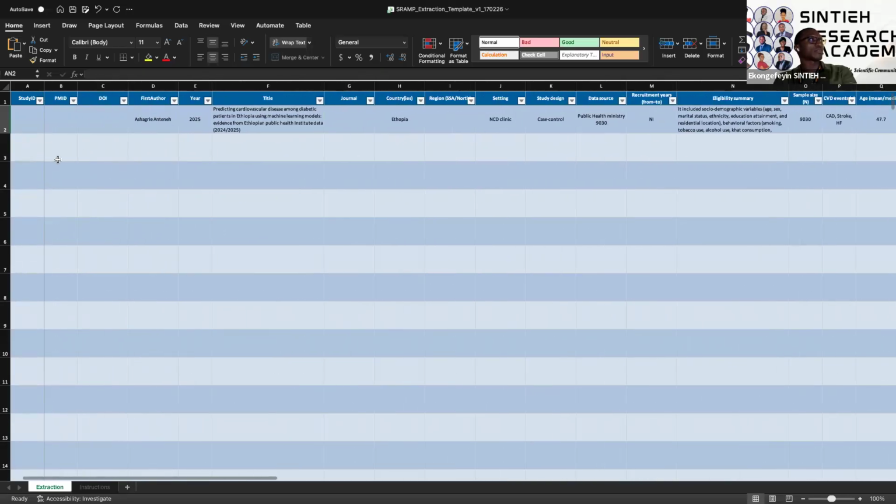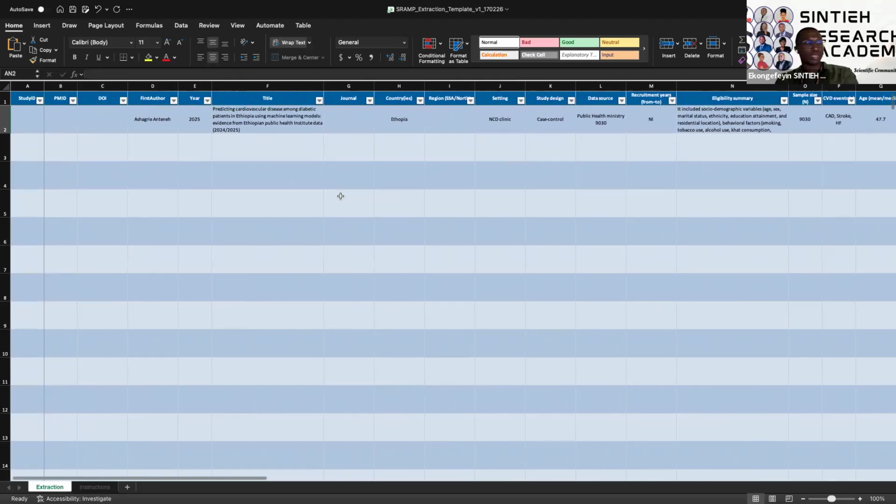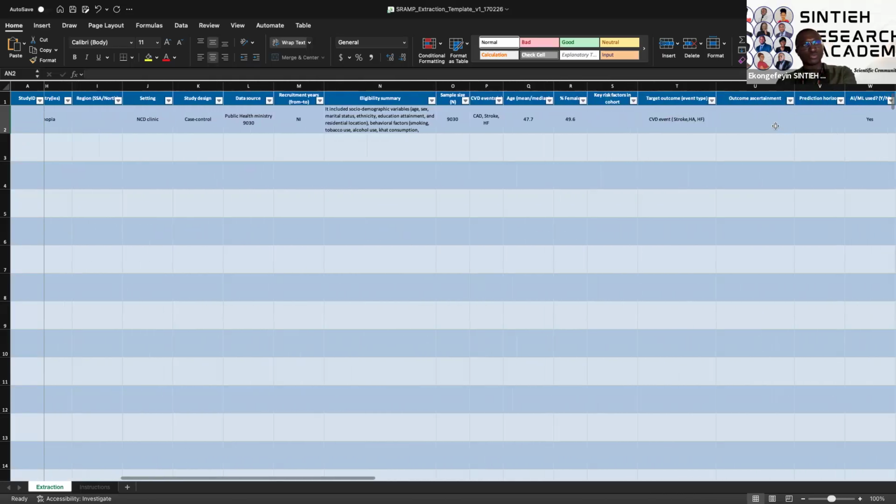Now, this you have as a template. You can always just edit the column names. But feel free to use anything that you want to use. You need to be clear that after you've given the generalities of the studies, you need to start giving us the real details of the key things that you are looking for in your systematic review.